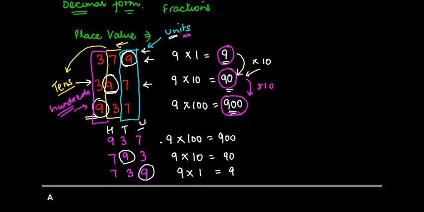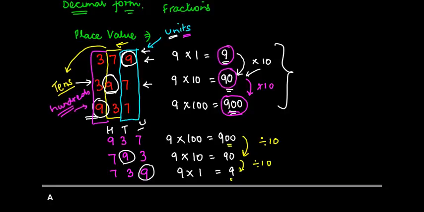Now if I see this one, in the earlier one the value was increasing 10 times. In this, the value is actually decreasing 10 times. So if 900 is divided by 10, you will get 90. Similarly, when 90 is divided by 10, you will get 9.